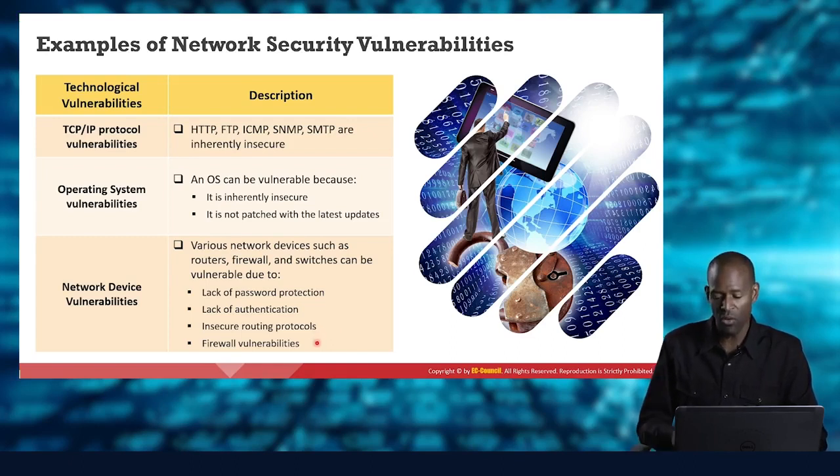Maybe the firewall is no good. It's vulnerable. It's not been updated. You can have a firewall on a network that might actually be a good firewall, but it hasn't been updated for a year. It's got a lot of vulnerabilities on it.